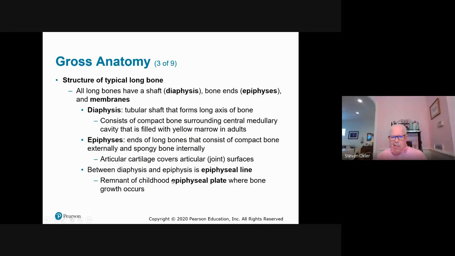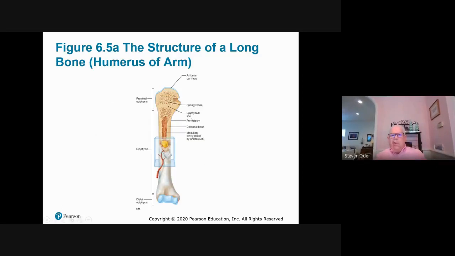The epiphyseal plate fuses with calcium at puberty. We'll talk more about that on Wednesday, but that's important to understand.